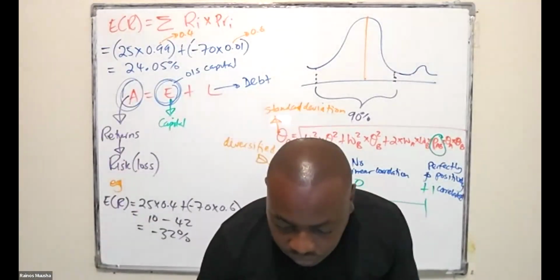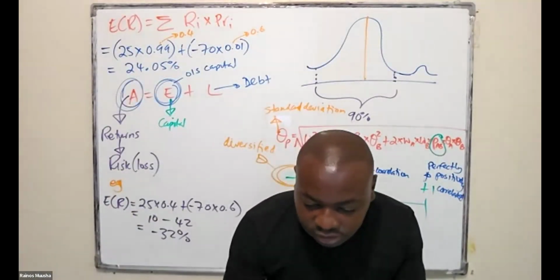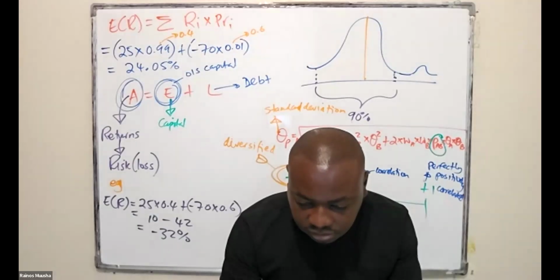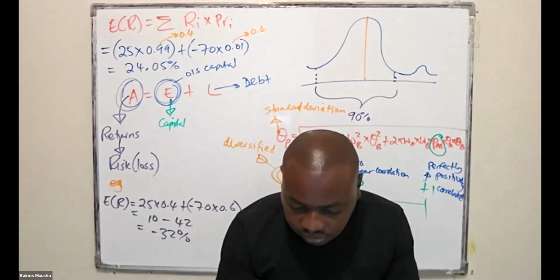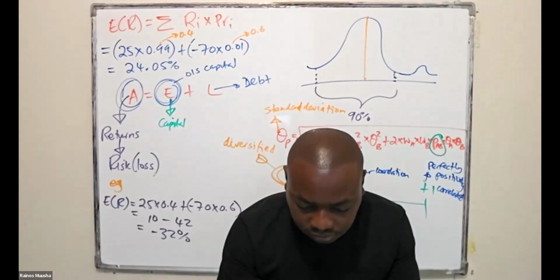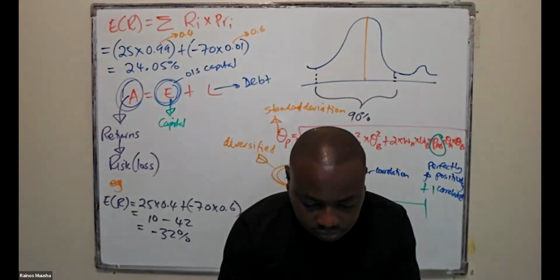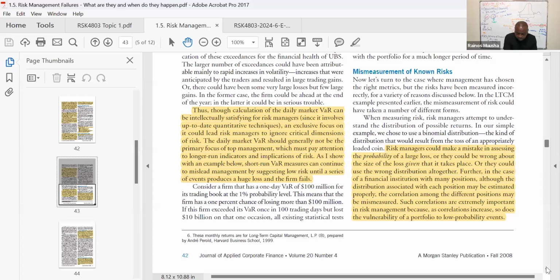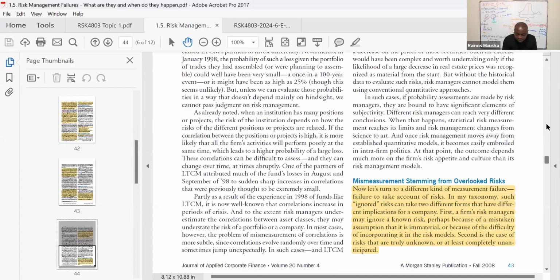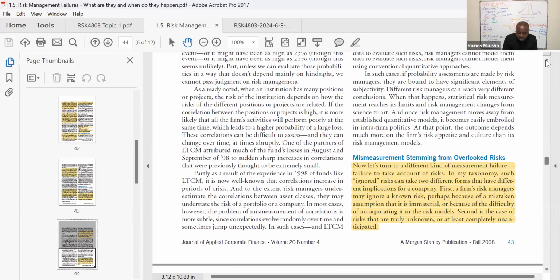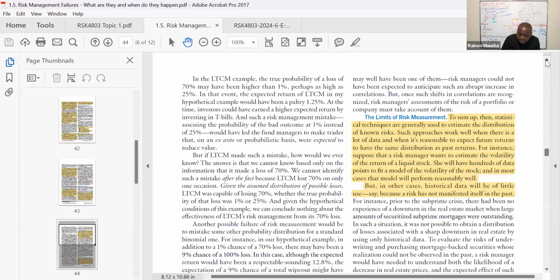All right. Now, going more in depth regarding this concept, so going more in depth regarding this mismeasurement of risk as well, they say they also look at the limit of risk measurement.